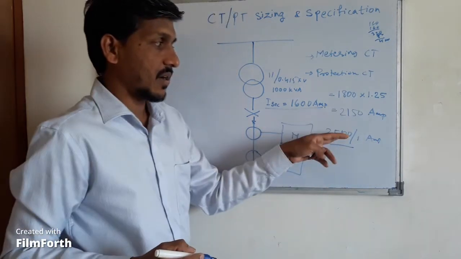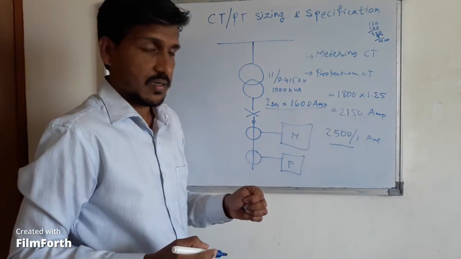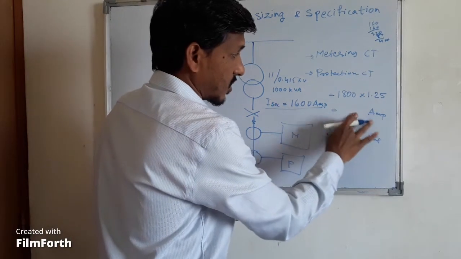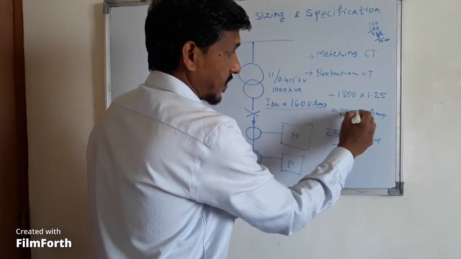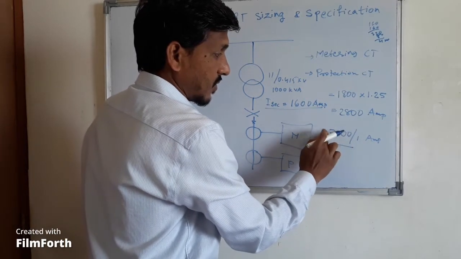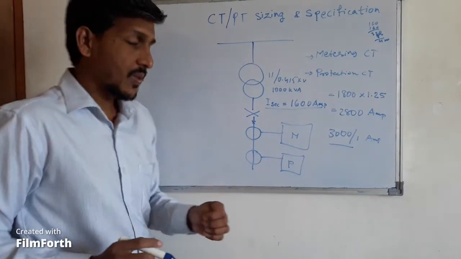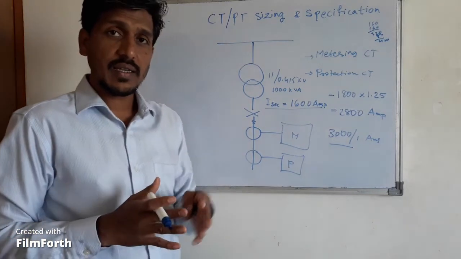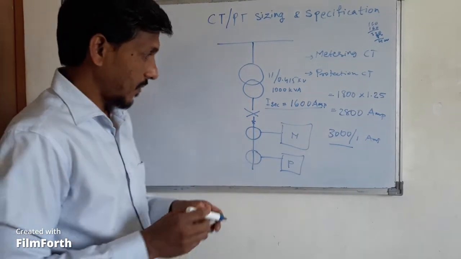Suppose you have got a value of 2800, the nearest standard rating may be 3000, so you can go for a 3000 ampere CT. This is how you have to select the CT ratio.